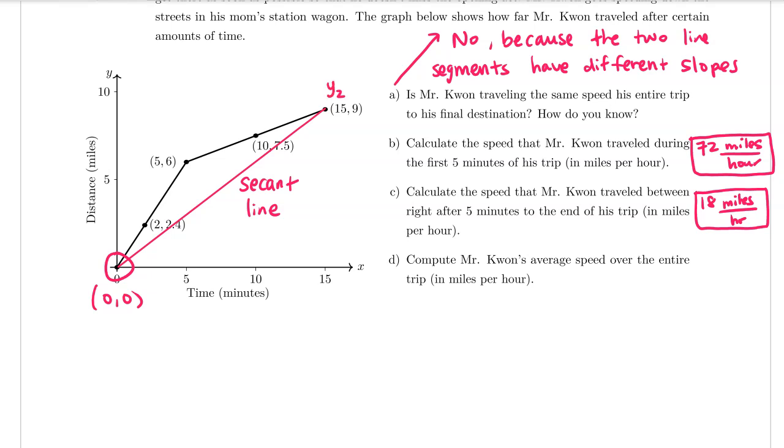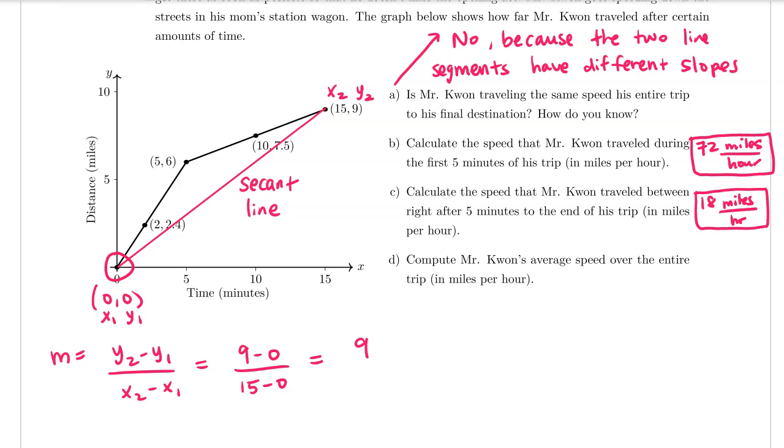So I can call this x2, and then y2, and we can call this one x1 and y1. So for part D, we'd calculate the slope, which is equal to 9 minus 0 over 15 minus 0.